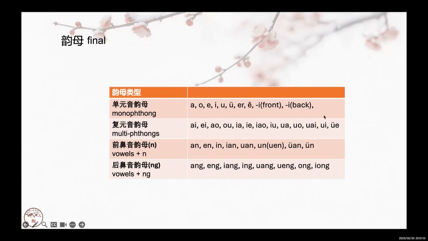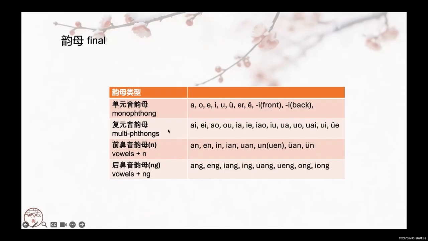But what are those that can serve as final? Let's count it. A, O, E, I, U, Ü, and the back I. Yeah, there are 10 of them. So all of them can serve as finals. So the second tab, multiphthongs.